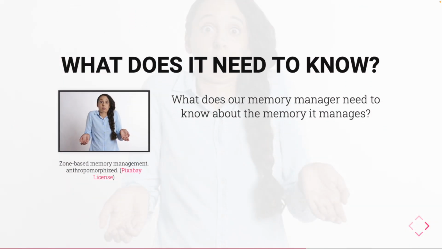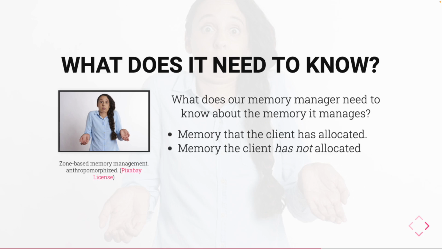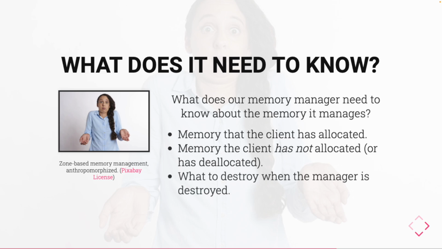So what does your memory manager need to know about the memory it manages? It needs to know what memory the client has allocated, memory that they have not allocated, and that's equivalent to deallocating the memory, and what to destroy when the manager is destroyed.